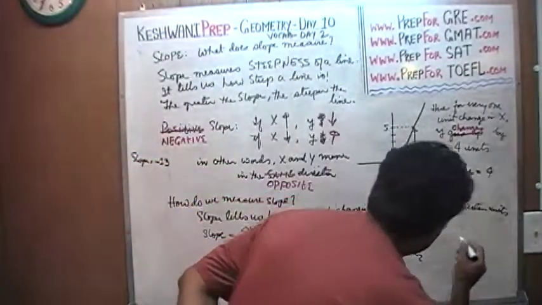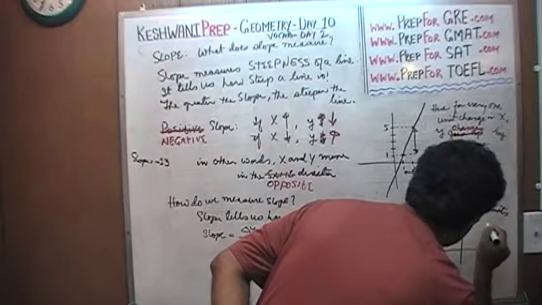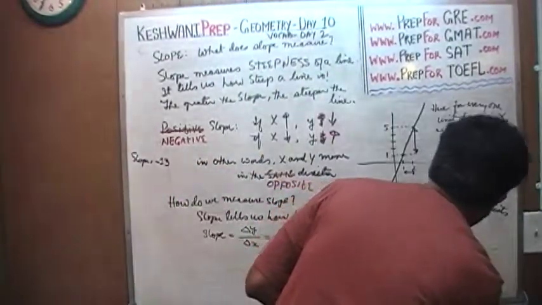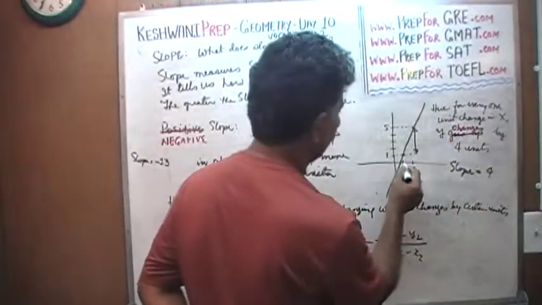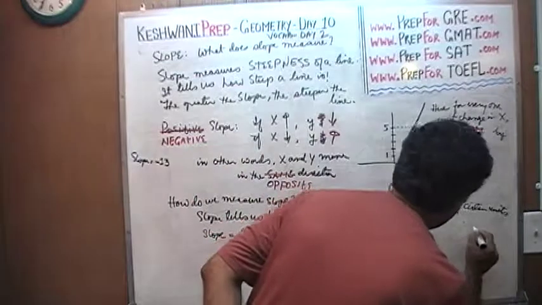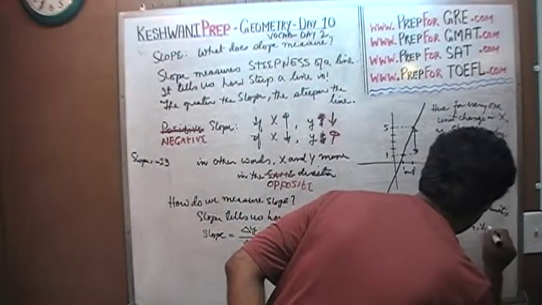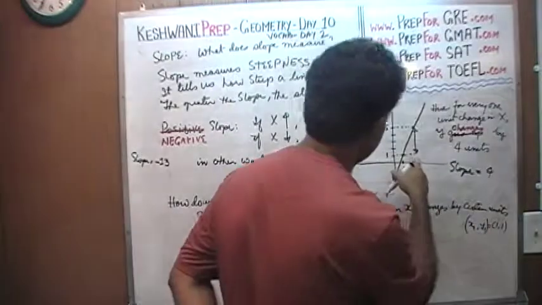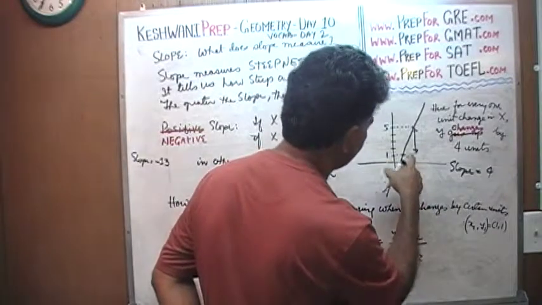See, for example, let's take a look here. Or better yet, I can just give you the example. Let's say we go from right here, from 1, 1 to 2, 5. x1, y1 equals 1, 1.